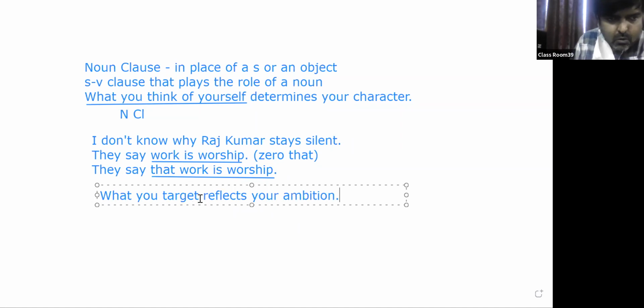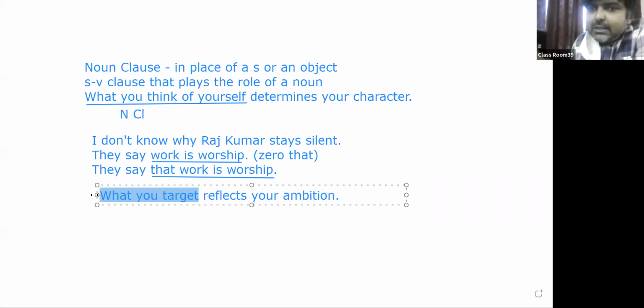So here, what you target, this is again a noun clause. Reflects is the verb. Your ambition is playing the role of the object over here. Your, उसमें determiner है, ambition is the noun. तो यहाँ पे what you target, देखो subject verb का एक relation है. What के बाद subject verb relation follow कर रहा है.